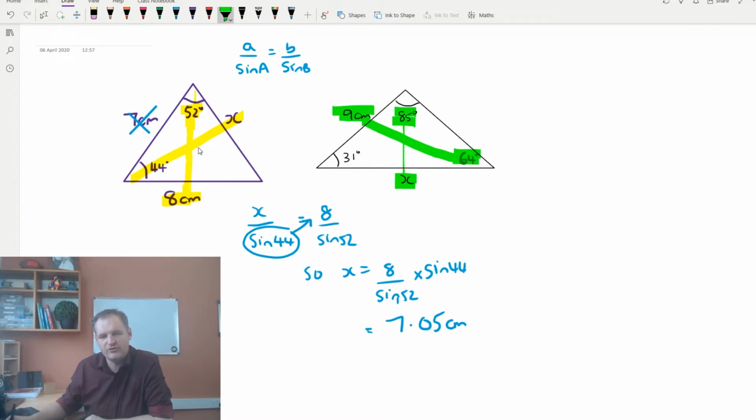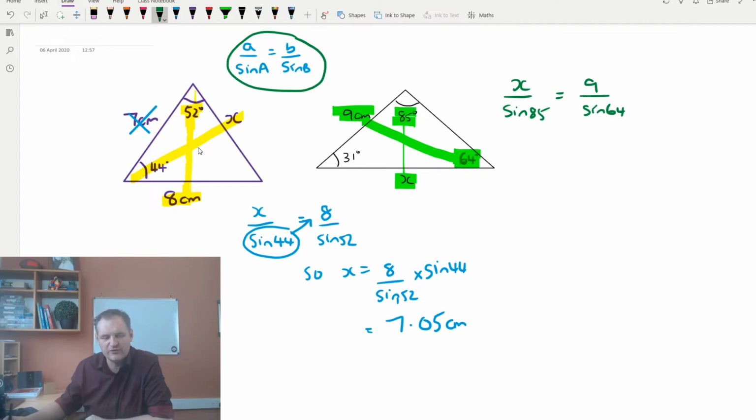Now I do have a pair, but the thing I want to find is a side. So I'm going to find out that side by doing this formula again. A over sine A equals B over sine B. So x over sine 85 equals 9 over sine 64.